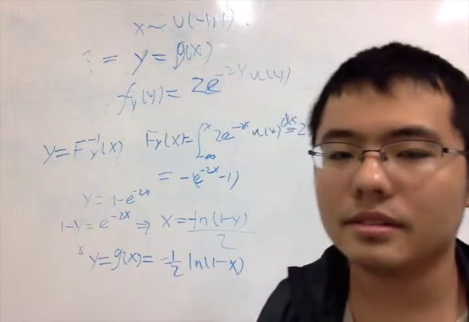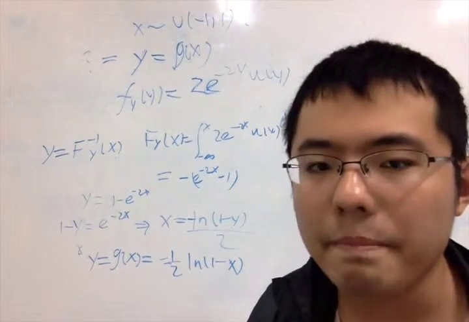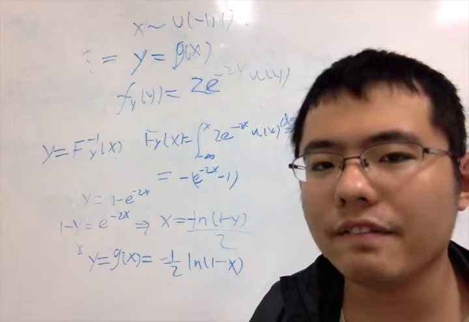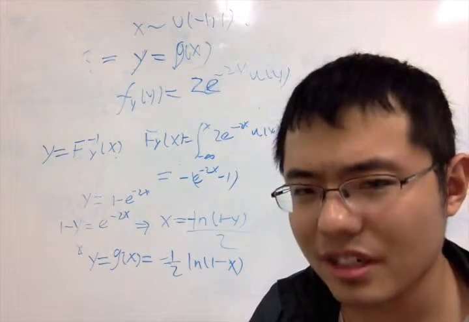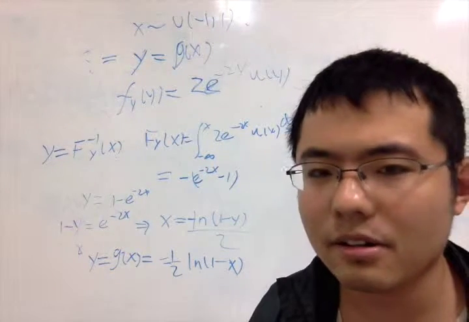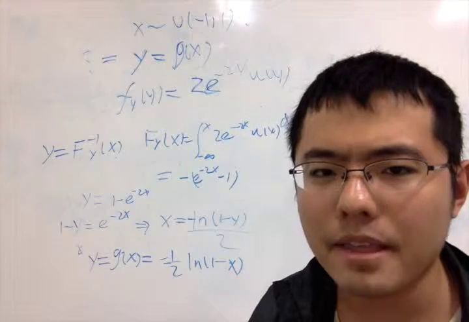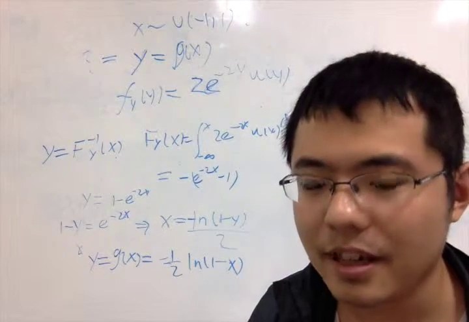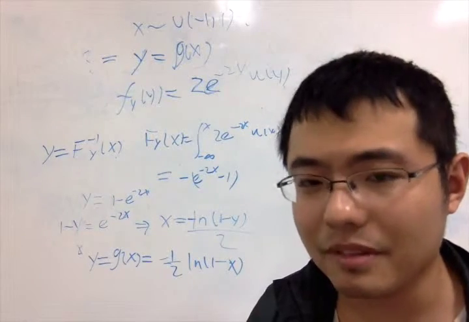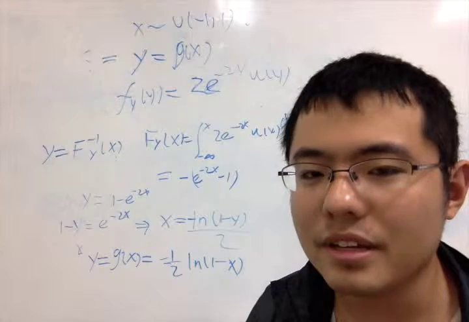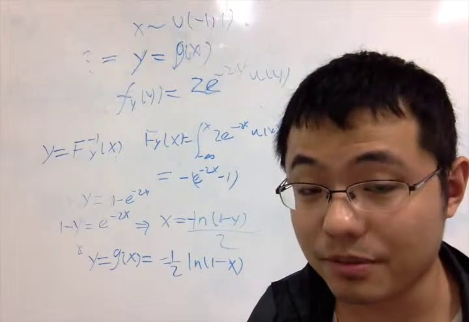We're just going to take it this way: if the relation of y and x is a function of the probability function of x, then the density function of y happens to be the uniform function.